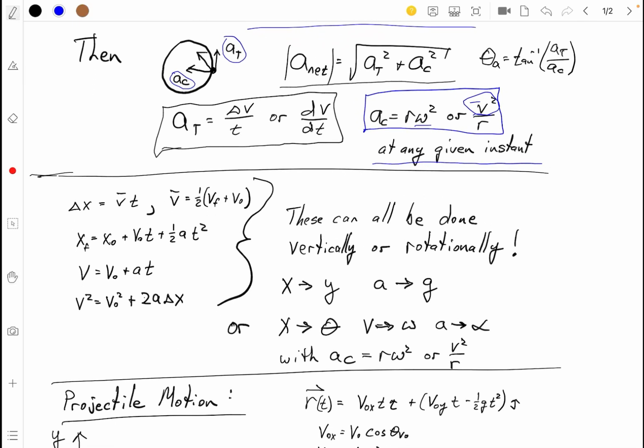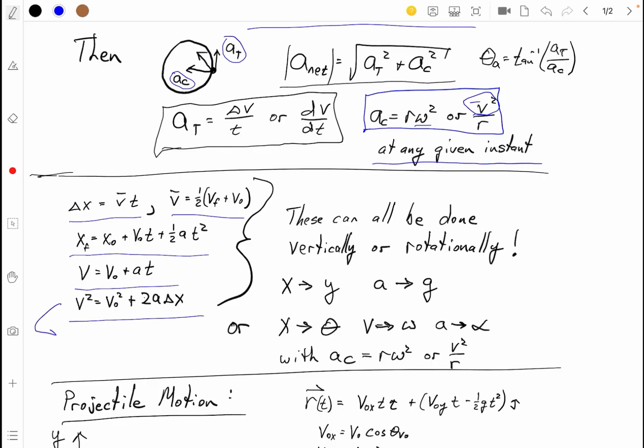So let's recap a little bit. We've got our x equals vt, our 1/2 (v final plus v initial) is our v average. We've got this guy happening, we've got that, and then we've got the cool one that gets used quite often.